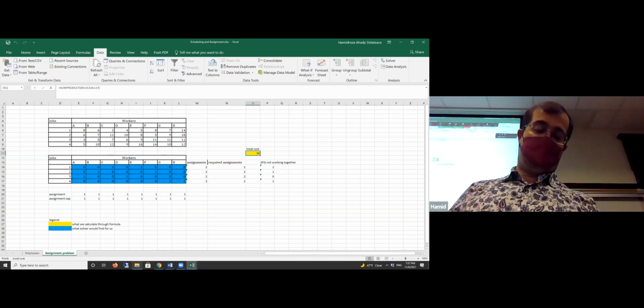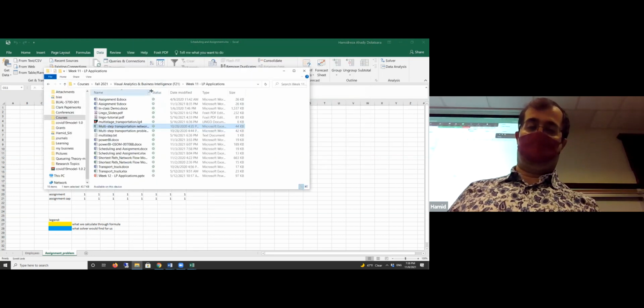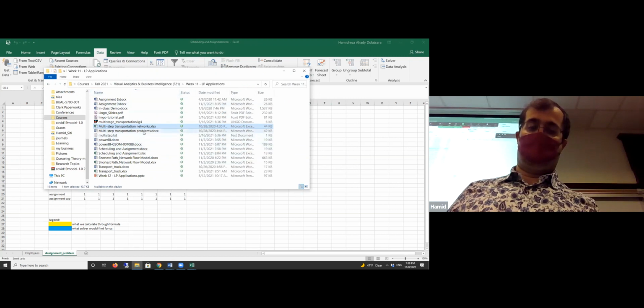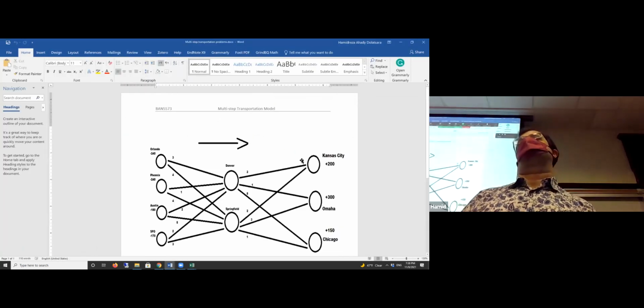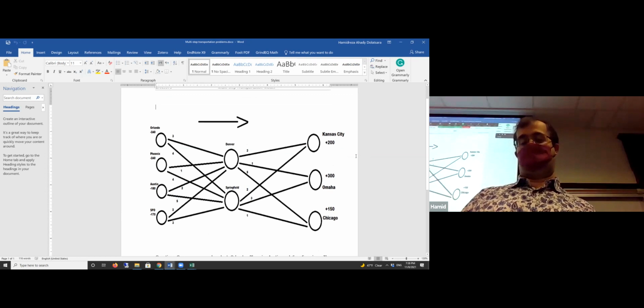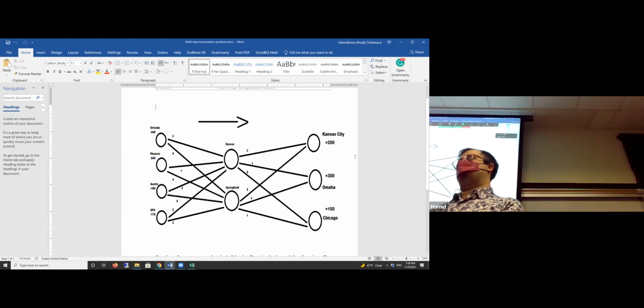Okay, so now open the multi-step transportation problem. Is it one step harder than the previous transportation problems that we worked with?